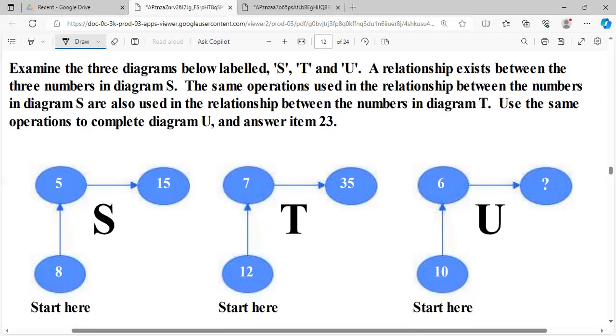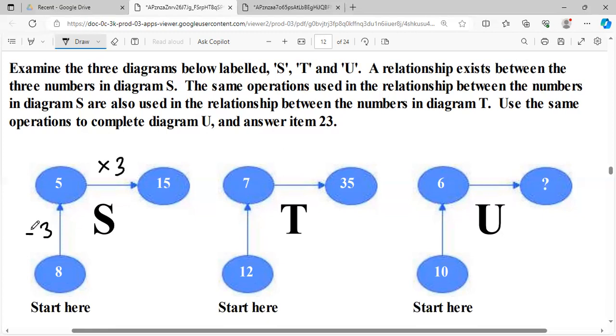Alright, so let's start here. Let's see what they did. So we left from 8 to 5. So here we should start. Alright, let's see, they subtract 3. Or let us find the difference between these. The difference between these numbers and times.